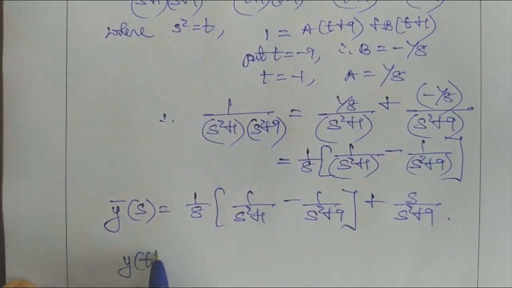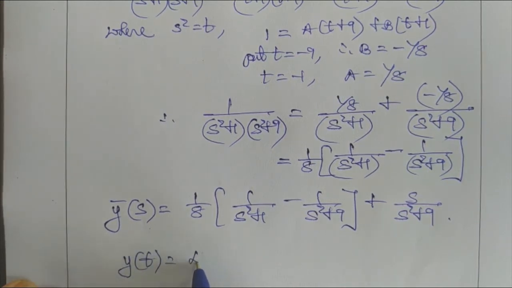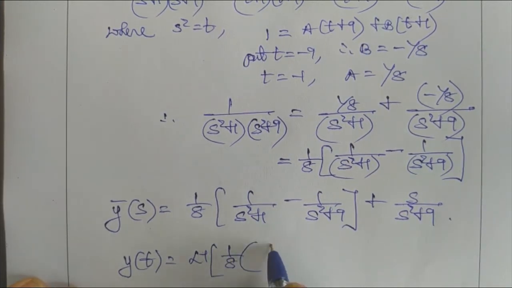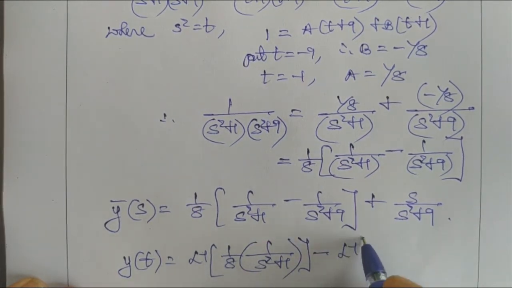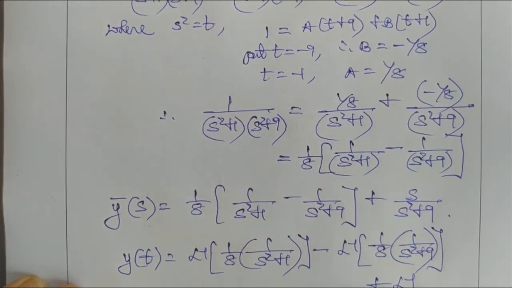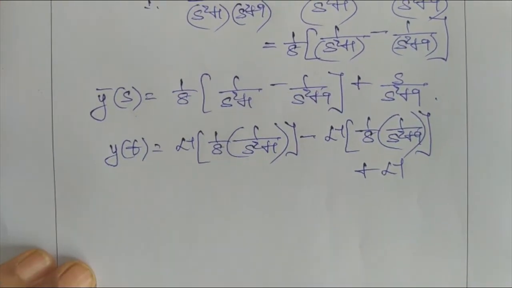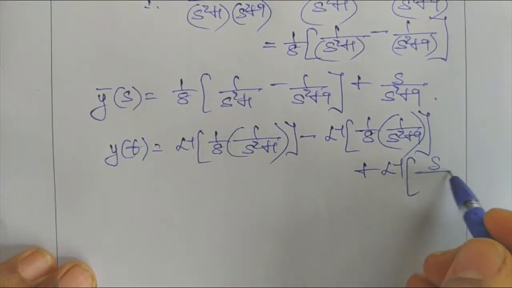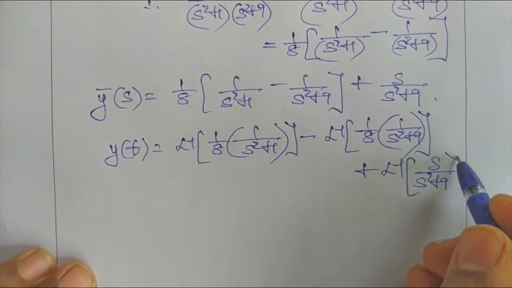So y of t is equal to L inverse of 1 by 8 into 1 divided by s square plus 1, then minus L inverse of 1 by 8 into 1 divided by s square plus 9, then plus L inverse of s divided by s square plus 9.